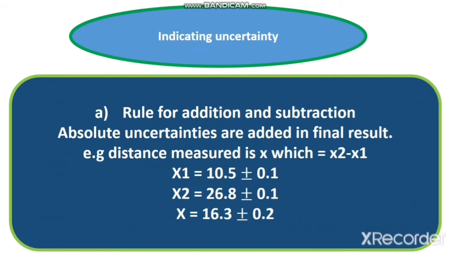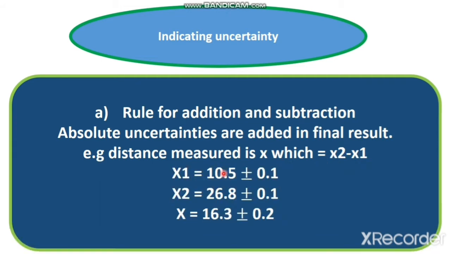Now let's study the rules. First rule is for addition and subtraction. When the final result is obtained by adding or subtracting two or more quantities, the total uncertainty in the final result will be equal to the sum of the individual uncertainties. For example, we measure the distance x by using the formula x2 minus x1.